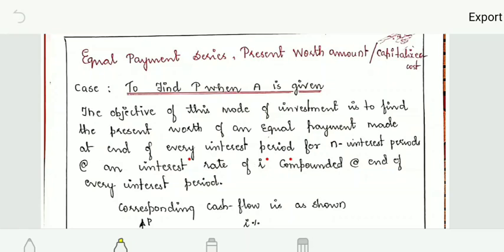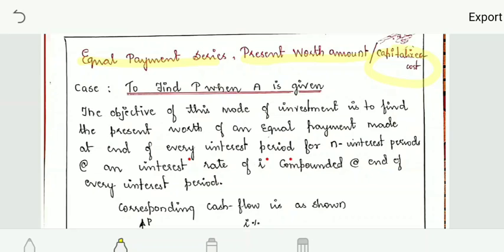The first one we'll see is the equal payment series present worth factor, and it is also called capitalized cost. Why it is called like that, we'll see in the concept. In this case, you try to find out the present worth, and you already know the amount.